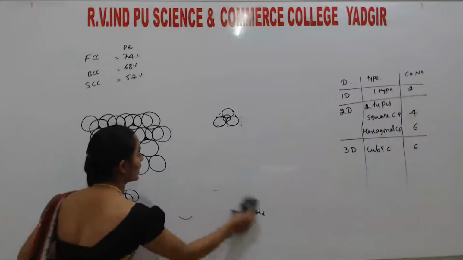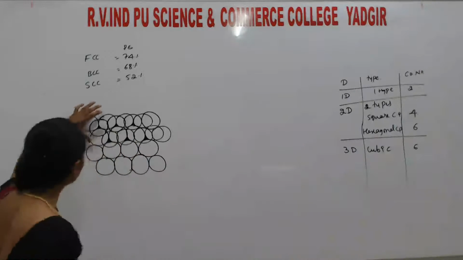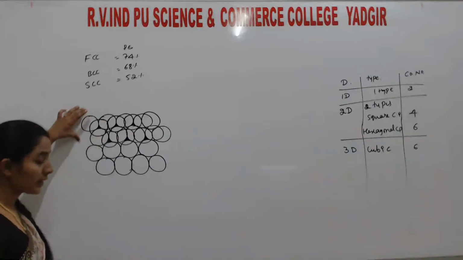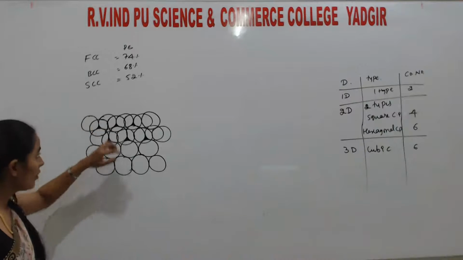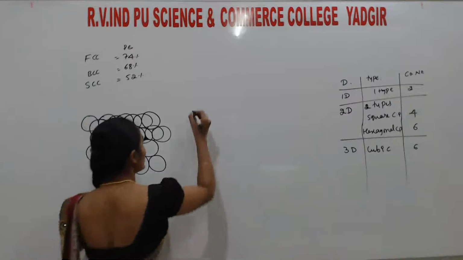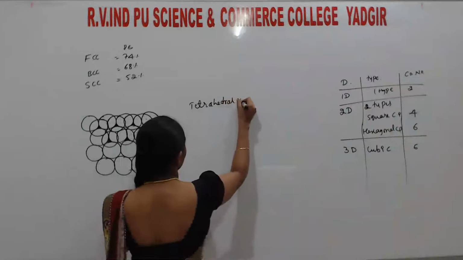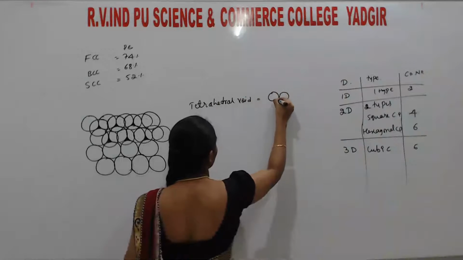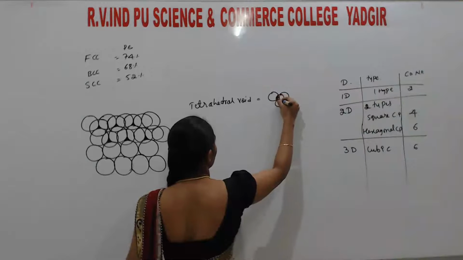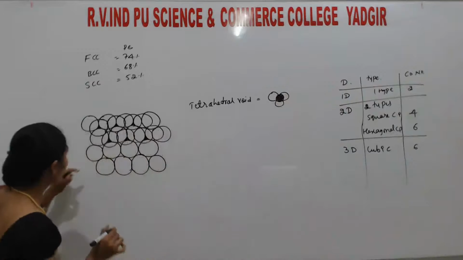Means one hexagonal layer is placed over another hexagonal layer. They form different types of void. One is the tetrahedral void. The structure of a tetrahedral void is that the spheres of one layer are closed by the sphere of another layer. It is completely closed. This is the tetrahedral void. Another type is like this, listen.